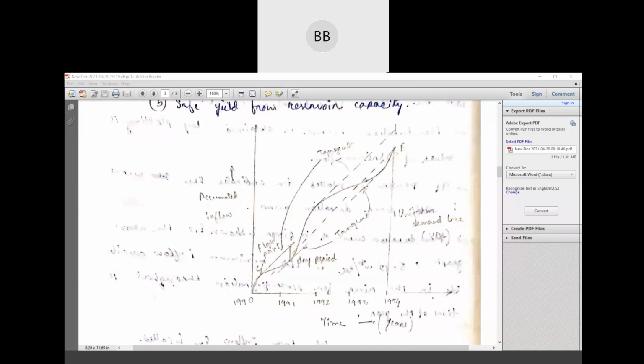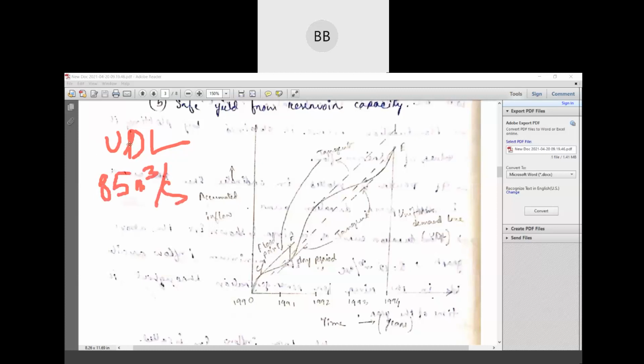Now one concept is the uniform demand line, UDL. What we have to do is find the average demand throughout the year. Suppose in 2020 our average demand is 85 meter cube per second.